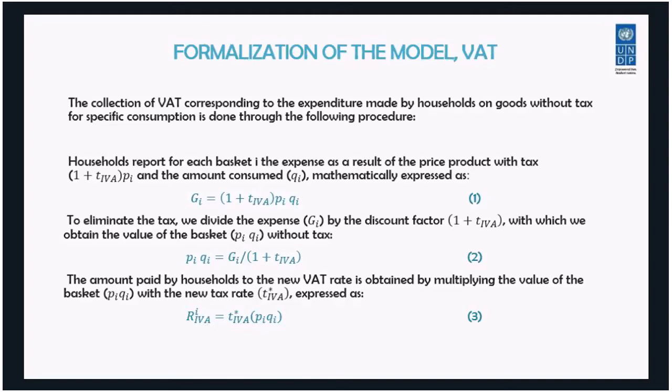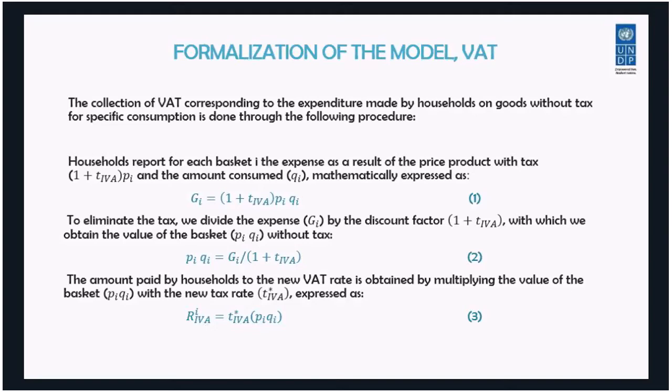This tax corresponds to the expenditure made by households. And in terms of the microsimulation, you can isolate the amount of taxes from the amount of money that the household reported as expenditure.